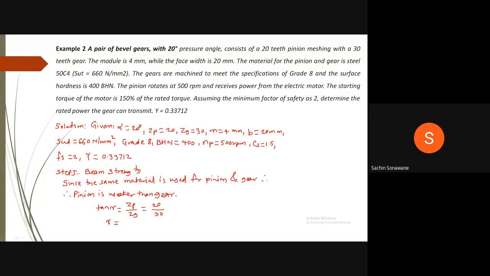Sir, 33.69. Okay, 33.69 degree gamma. Then we will find out now the virtual number of teeth, that is Zp dash.